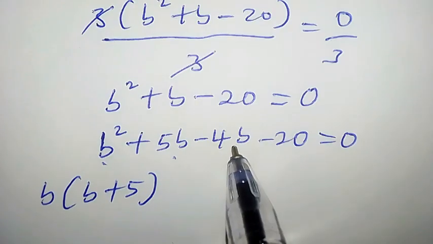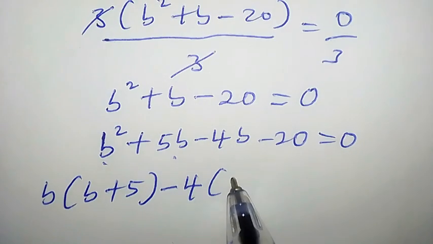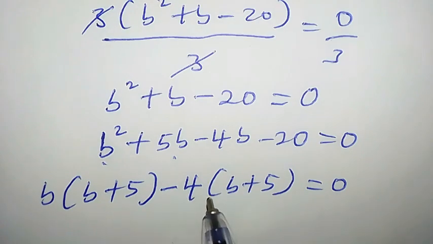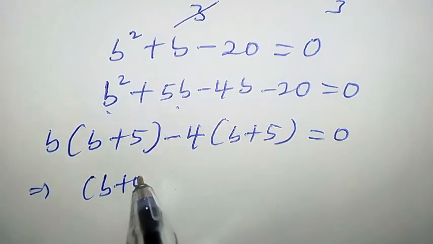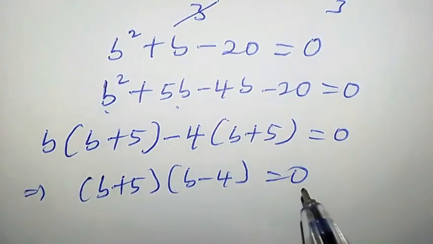We can also pull out minus 4 from the rest. Doing that, we have minus 4 into b plus 5 equal to 0, because minus 4 times b gives minus 4b, and minus 4 times 5 gives minus 20. So let's proceed further. This implies that b plus 5 times b minus 4 is equal to 0.